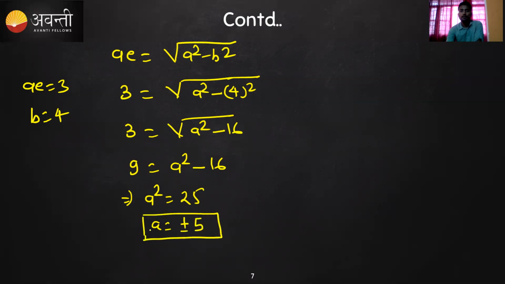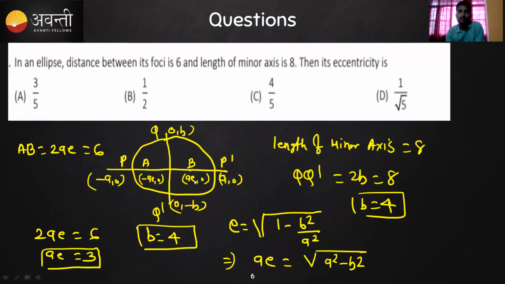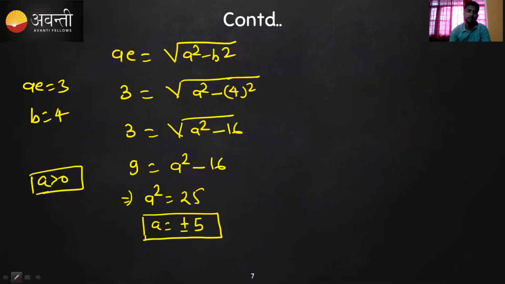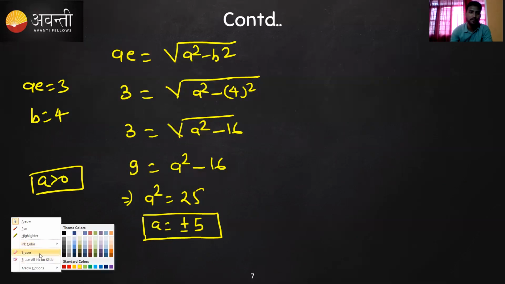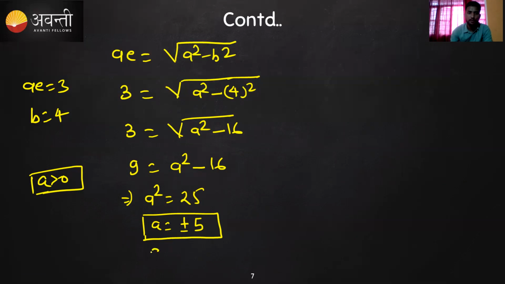But we also know that a is always greater than 0, right guys? a is always greater than 0 because the e value can't be negative and a will also be positive. So a is always positive, so we can't take the value a is equal to minus 5.